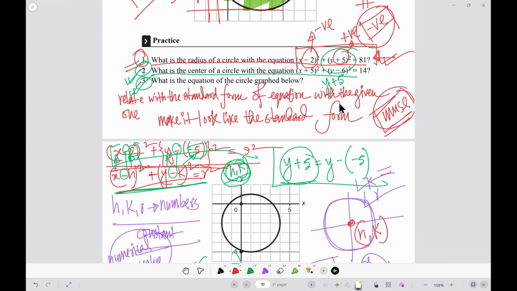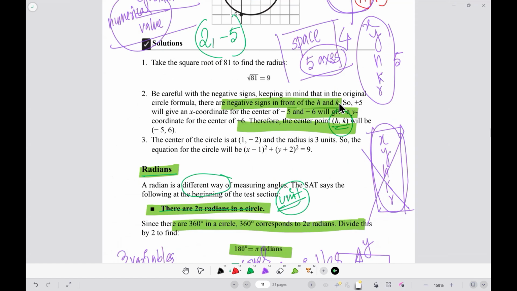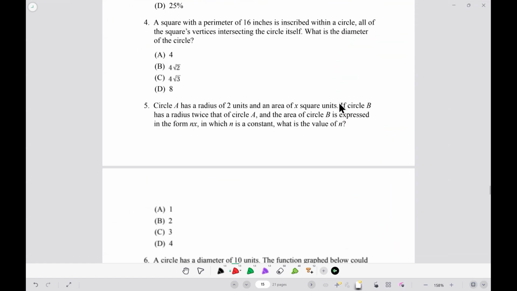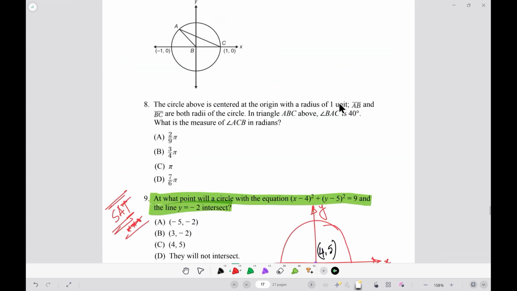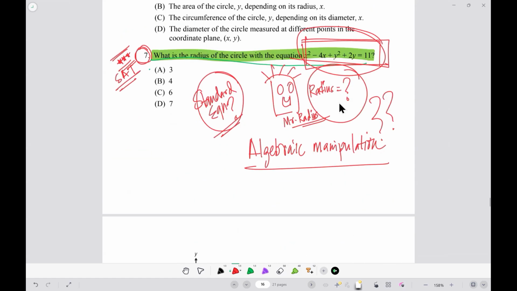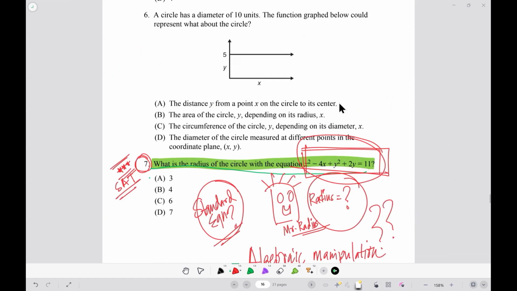Nothing is changed, but we are just trying to give it a similar face. We're just gonna do some algebraic manipulation, and then make it look similar.